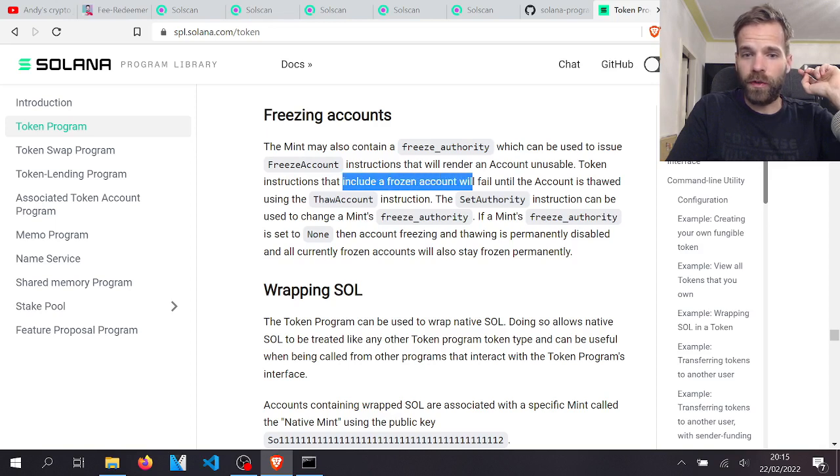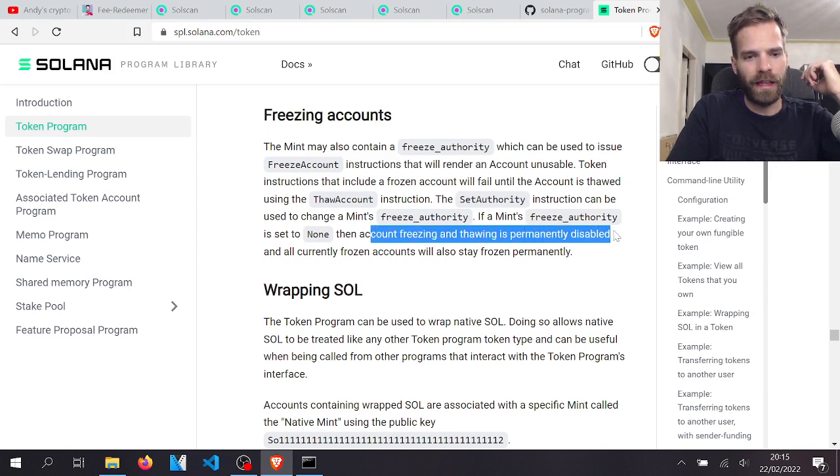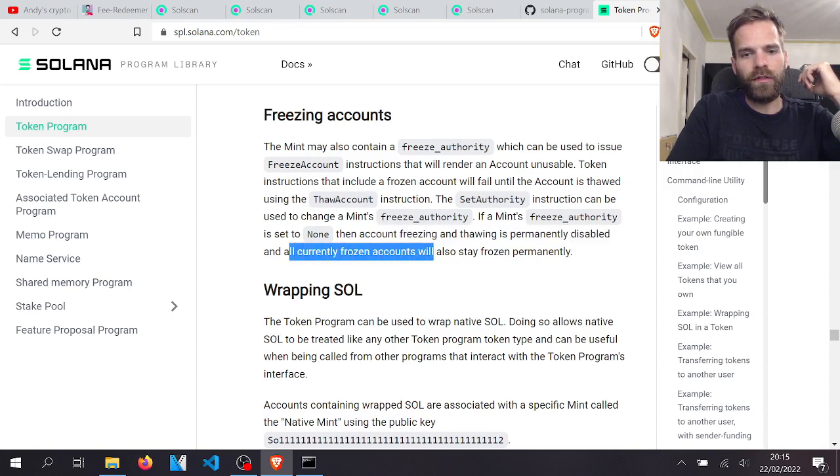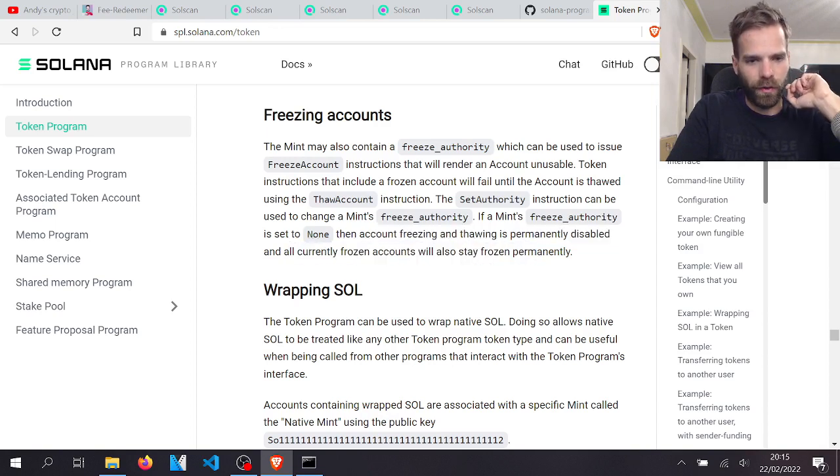Instructions that include a frozen account will fail until the account is thawed using the thaw account instruction. The set authority instruction can be used to change the mint's freeze authority. If a mint's freeze authority is set to none, then the account freezing is permanently disabled. And all current frozen accounts will also stay frozen.